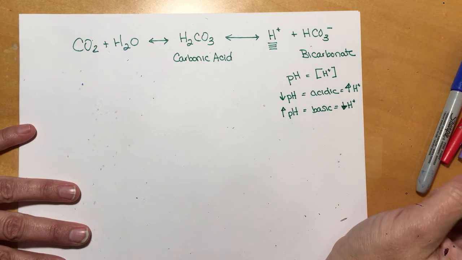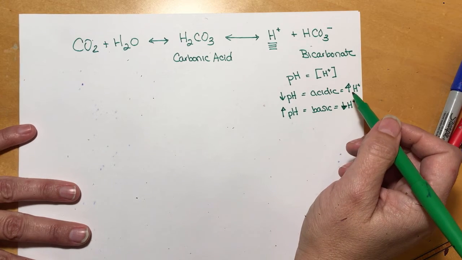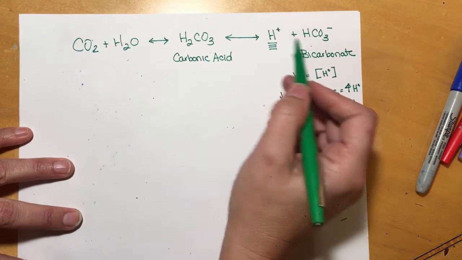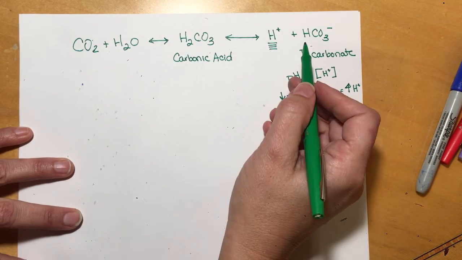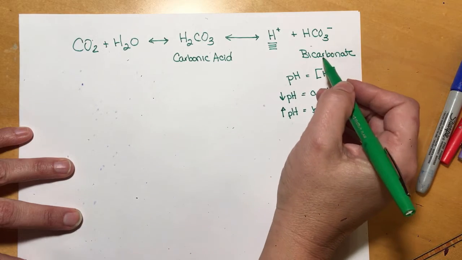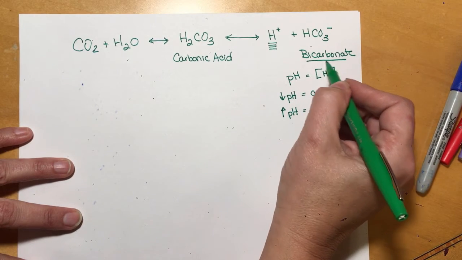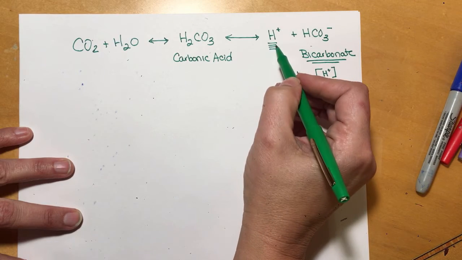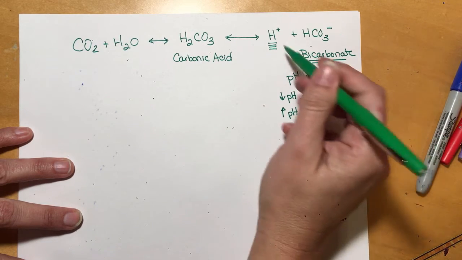Okay? So the way this works in the body is if the body wants to maintain homeostasis, and bicarbonate is considered a buffer, which means that it can bind up hydrogen ions and change the pH or maintain the pH.